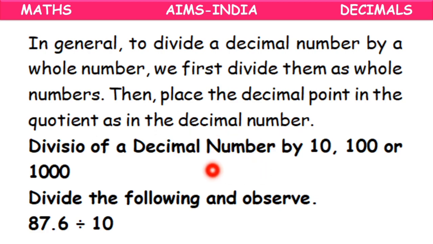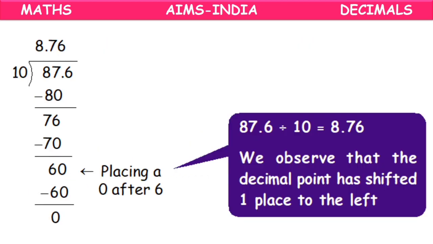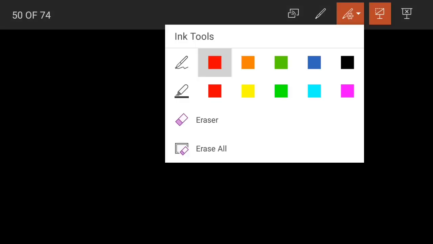Yes. Now let us look at the division of a decimal number by 10, 100 or 1000. If you remember the multiplication of a decimal number, suppose 143.21 by 10. What did we do, children, when we multiplied? Here 10 has 1 zero, so we moved the decimal point 1 digit to the right.